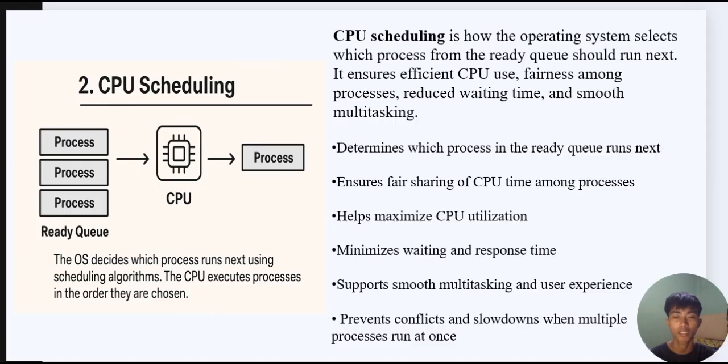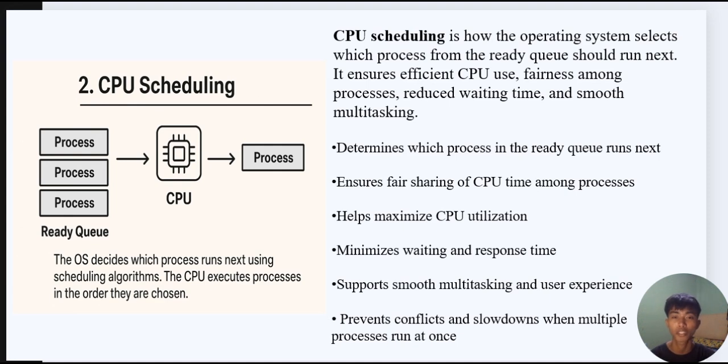CPU scheduling is how the operating system selects which process from the ready queue should run next. It ensures efficient CPU use, fairness among processes, reduced waiting time, and smooth multitasking. It determines which process in the ready queue runs next.